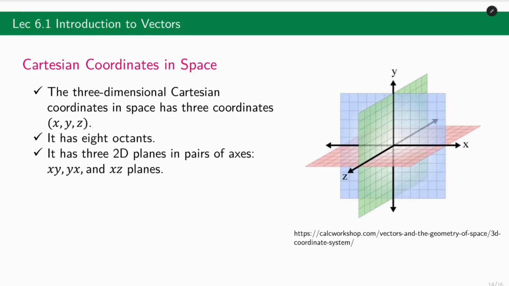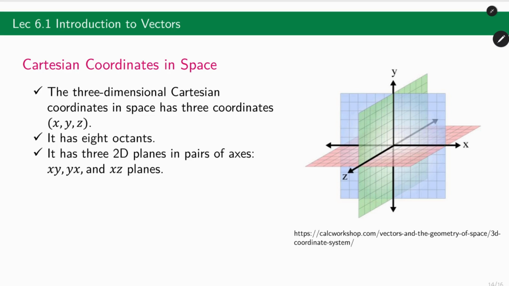Now let's discuss the Cartesian coordinates in space. The three-dimensional Cartesian coordinates in space has three coordinates x, y, z. So this is the ordered triple. Okay, x first, followed by y, and then z. The space has 8 octants. This one is what we call the octant. 1, 2, 3, 4, 5, 6, 7, 8. 4 octants above and 4 octants below.